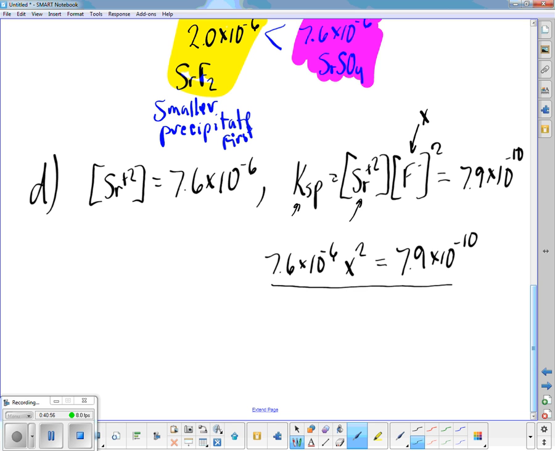Divide both sides by 7.6 times 10 to the minus 6. You get x squared is equal to what? 1 point something times 10 to the minus 4.